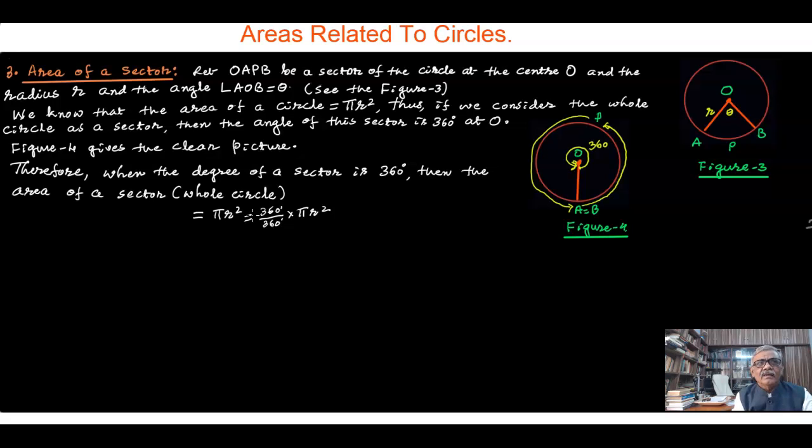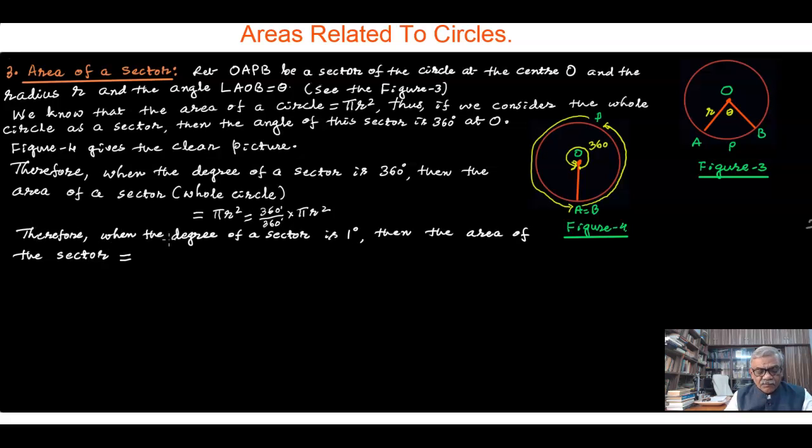Therefore, when the degree of a sector is 1 degree, then the area of the sector, instead of 360, let me write 1 degree by 360 degrees into pi r squared.